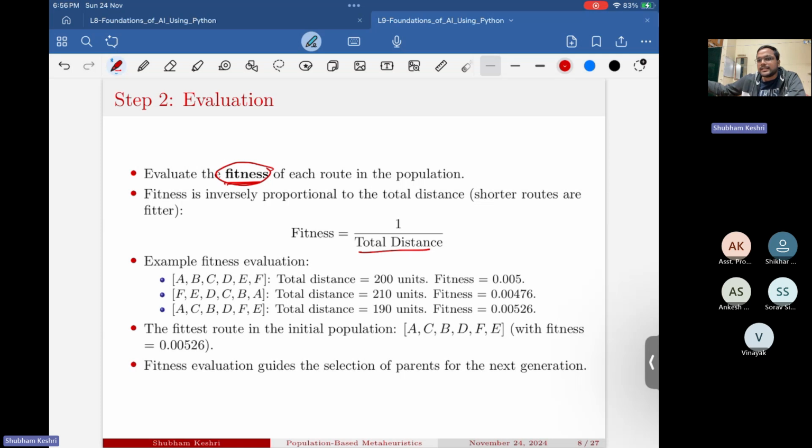Higher the distance, lower the fitness. Suppose the distance is 200 units, then the fitness becomes 0.005. If the distance is 210, then the fitness becomes accordingly. So higher the fitness, the better the individual. You have to keep that relation in mind.